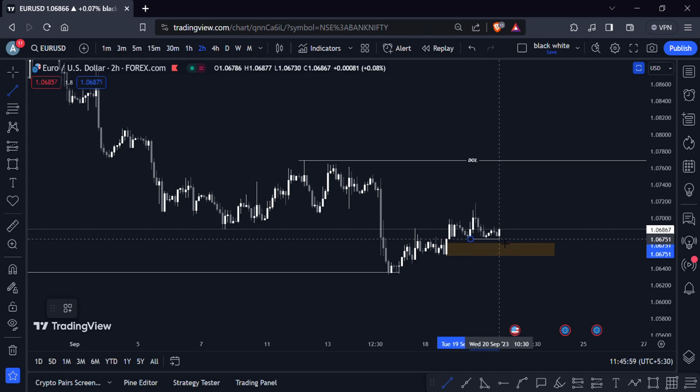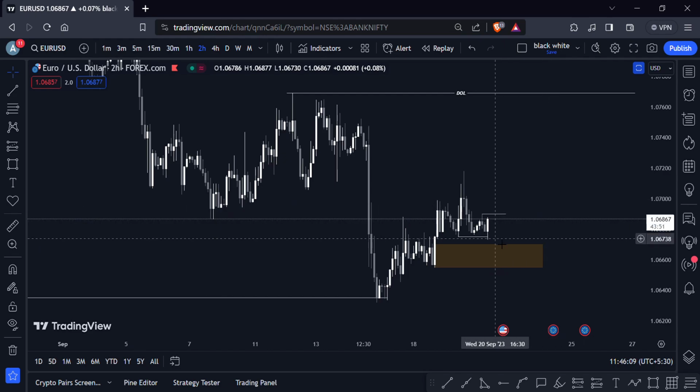and I'll still wait for the break of this area for confirmation. So basically, if it is going to be the strong low, then most probably we are going to break this high, and then we are going to go from this level.